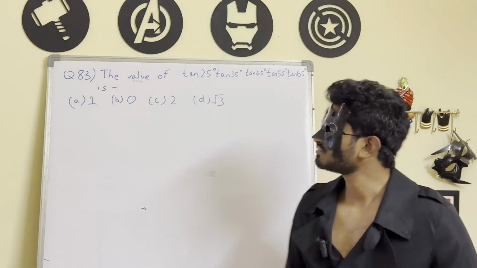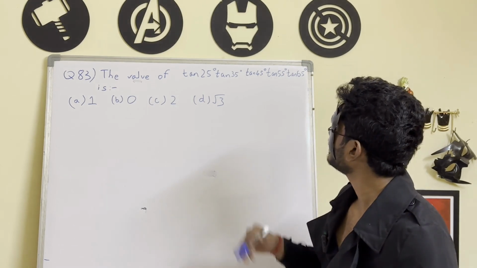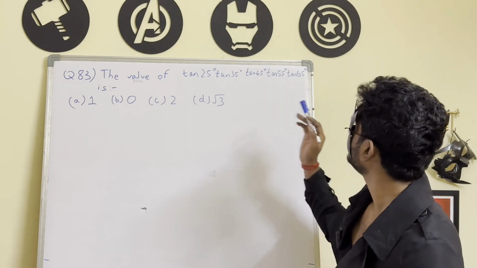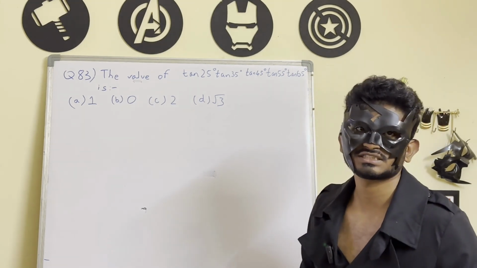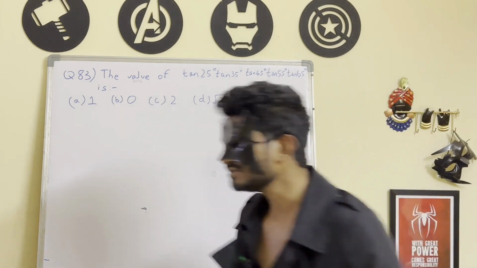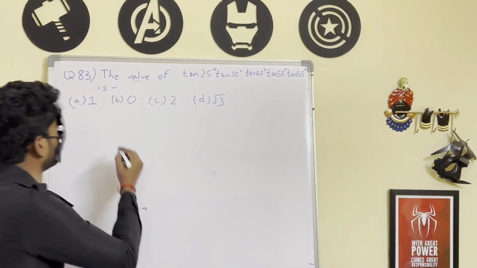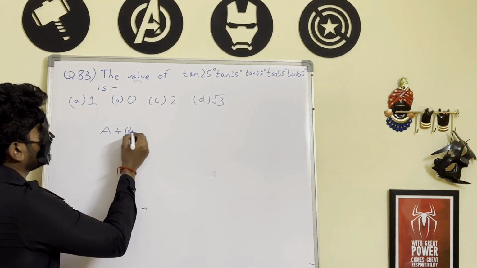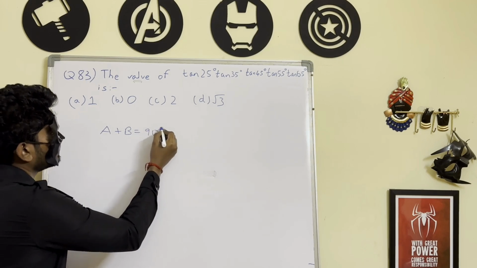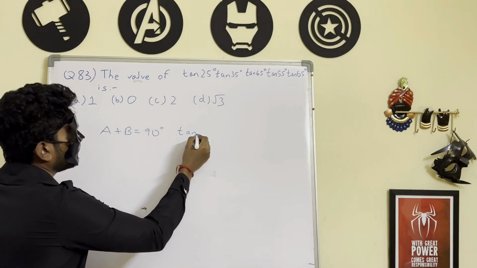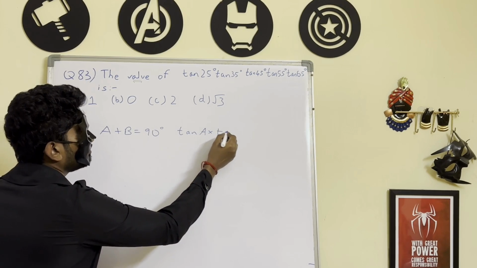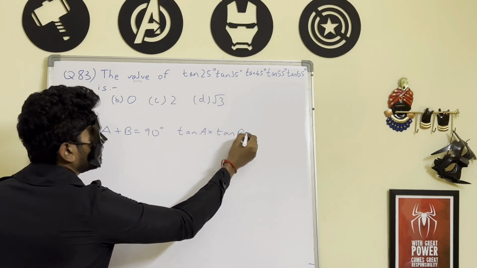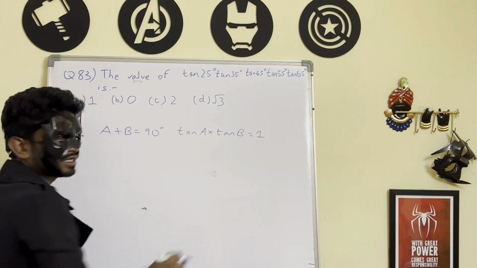So superhumans, next question is the value of tan 25 into tan 35 into tan 45 into tan 55 into tan 65 degrees is. So I already taught you that if A plus B is equal to 90 degrees, then tan A into tan B will be nothing but equal to 1.